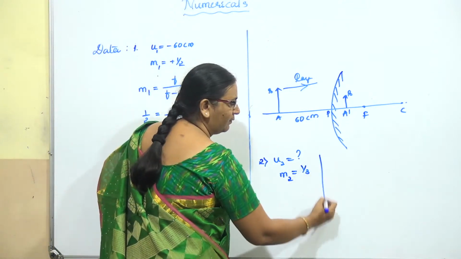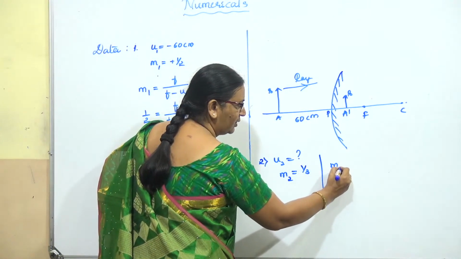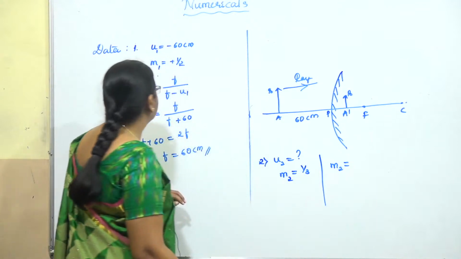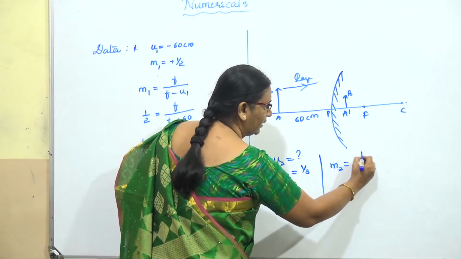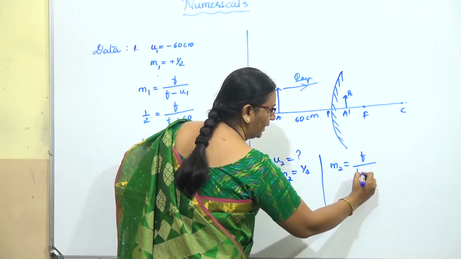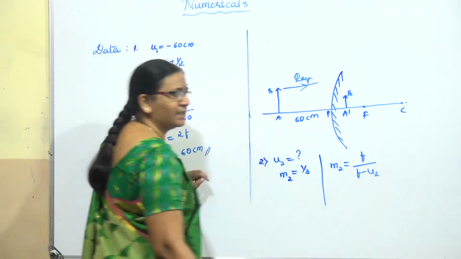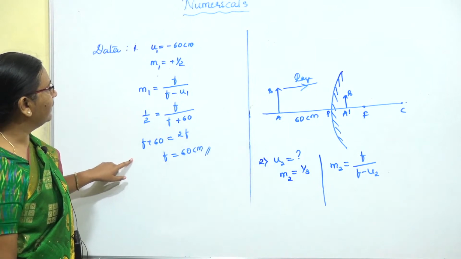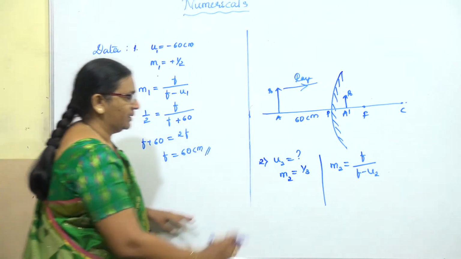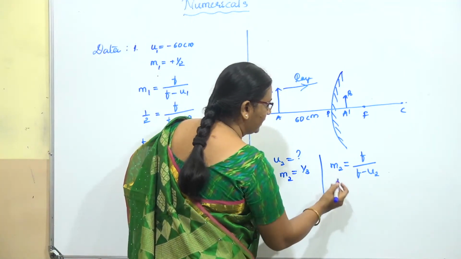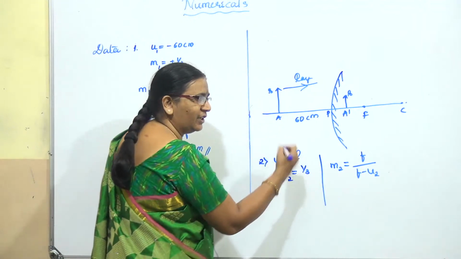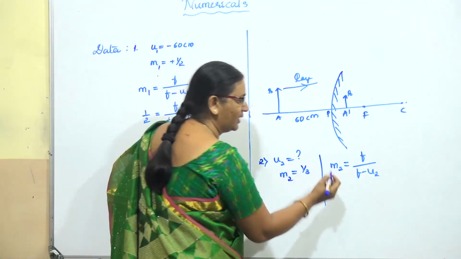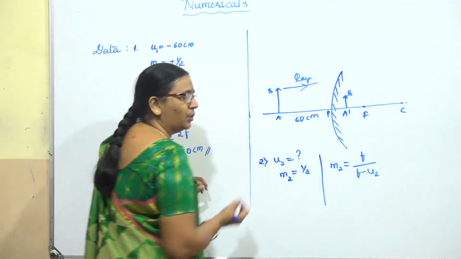Magnification M2 will be equal to F divided by F minus U2. I have to find this U2 itself. The expected M2 is 1/3, I should get. Like that I have to keep the object.